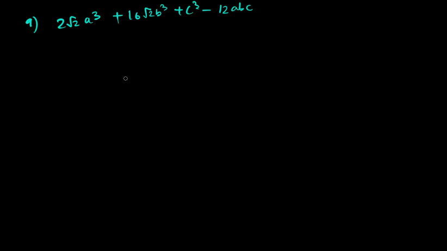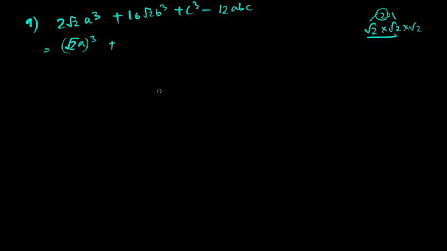2 root 2 a cube, right? So we can write it as, 2 root 2 means what? Root 2 into root 2 into root 2, because this one is 2, so 2 means root 2 into root 2, and one other root 2 is there. So this can be written as 2 root 2a the whole cube.